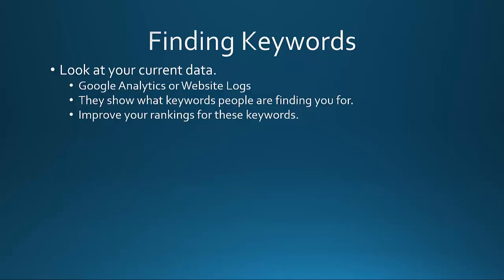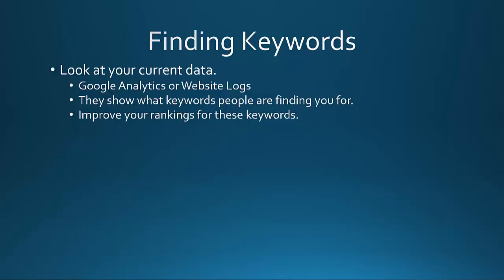You may be on page 2 or page 3 for a keyword that you're getting a lot of visits for. That would tell you, wow, I need to create a page targeted to that keyword phrase, and I need to create some more content around that so I can get up to page 1, because I'm going to get a lot more visitors, since I'm getting a bunch of visitors and I'm on page 2 or 3. I could actually get maybe double or triple the visitors if I push myself up.